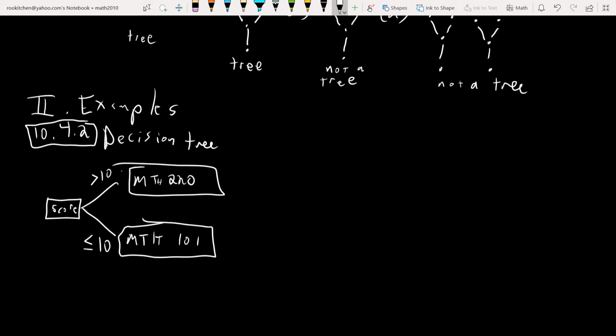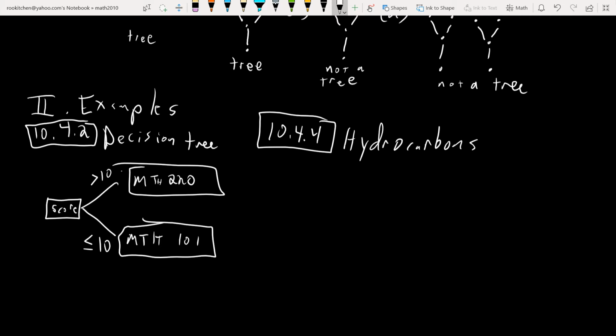Okay. Other examples, 10.4.4. Back when I was in college, they were working a lot with molecules and graph theory. In this book, they talk about this example of saturated, I think it's saturated hydrocarbons, and Cayley studied these things and was able to prove that all these hydrocarbon things were actually trees.